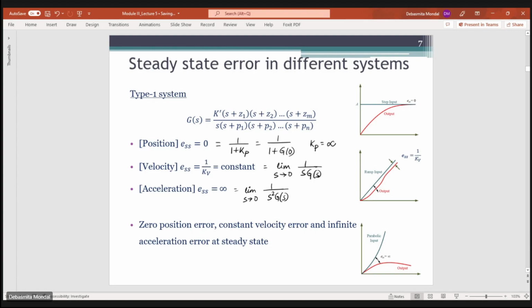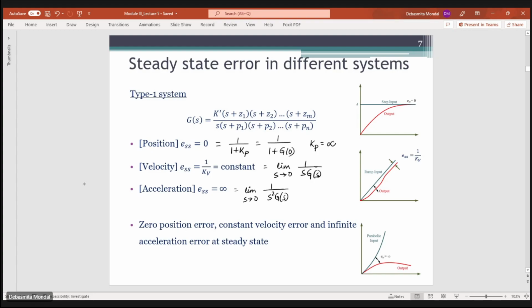So in conclusion, you can say that if you have a type 1 system, then at steady state you have 0 position error, you have a constant velocity error, and you have infinite acceleration error. So these are the graphs. You can see that for a step input, the output reaches the steady state and follows the input, and the steady state error is 0.